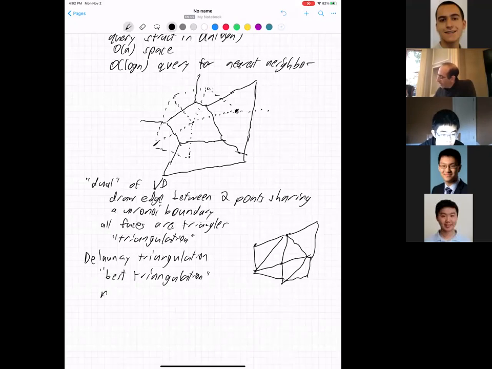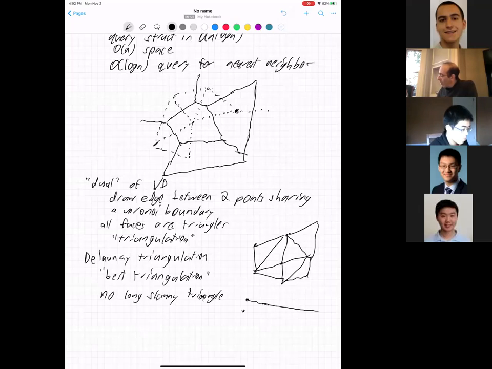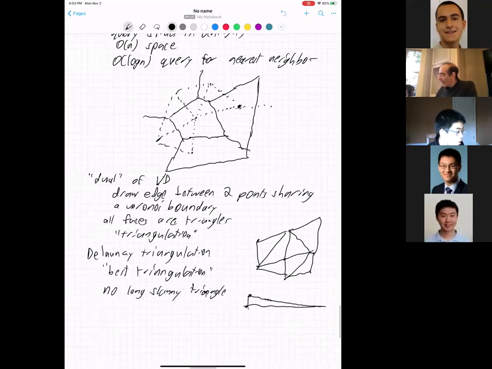And in many ways, it is the best triangulation. And the reason is that it has no long, skinny triangles. If you think about doing some numerical approximation, if you have an incredibly long, skinny triangle, it means that the points are very separated from each other and your approximations tend to get bad. So instead you want to use fat triangles.